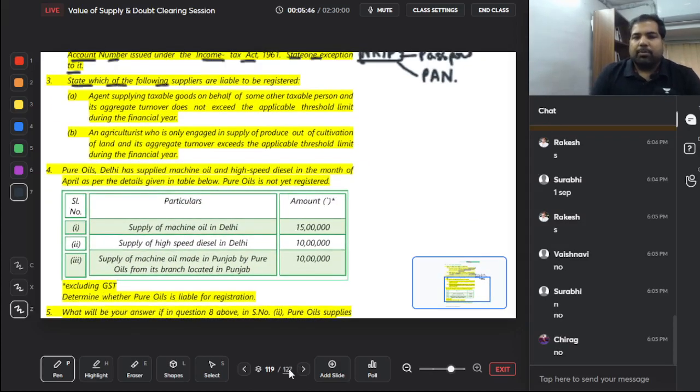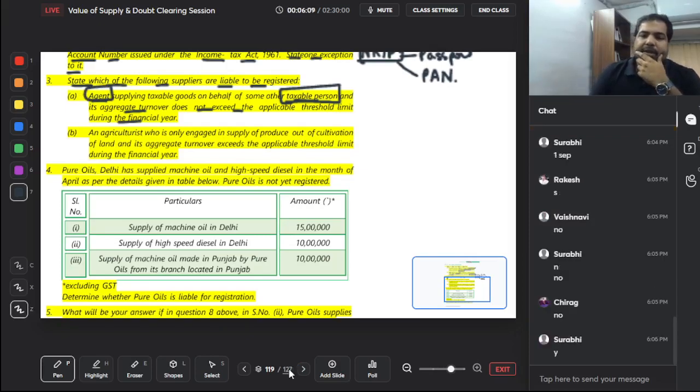State which of the following suppliers are liable to be registered. Guys, he's an agent and is supplying goods on behalf of some other taxable person whose aggregate turnover does not exceed the applicable threshold limit. Guys, he is supplying goods on behalf of some other taxable person, so is the principal registered? Yes. So do you have to register compulsorily, guys?